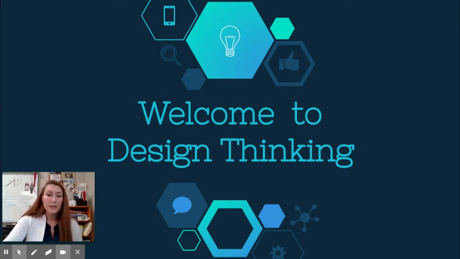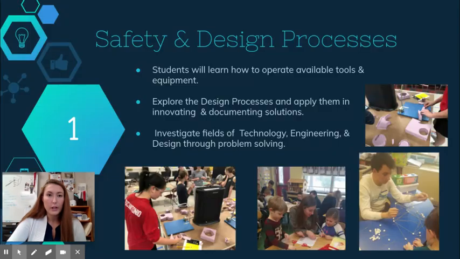And the other aspect of this course is going to be designing, which means that they're going to be utilizing either web applications to design solutions on the computer, or they're going to be utilizing Citrix, which is an app store on your students' Chromebooks. They can access it also through a browser that has access to all of our softwares that we'll be utilizing this year. So let's look at the units of instruction that your students will be guided through this year.